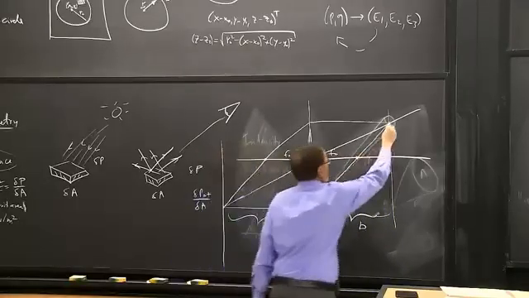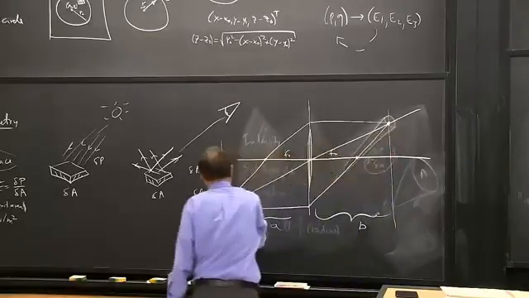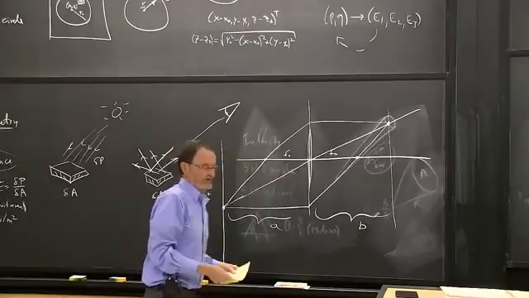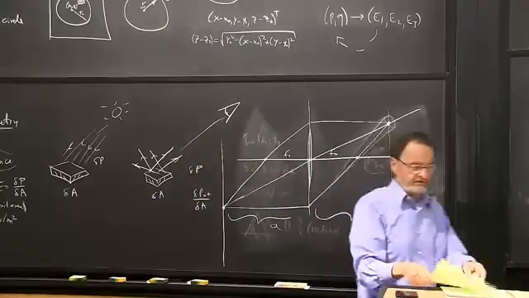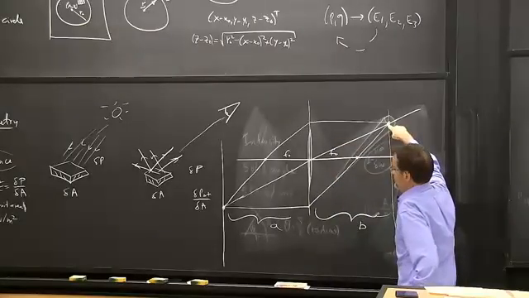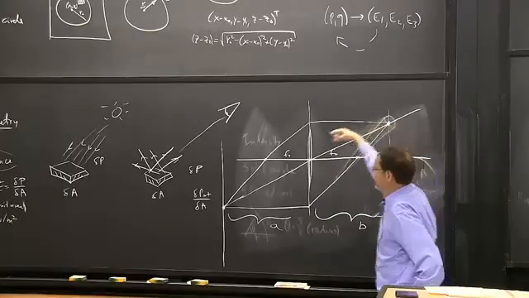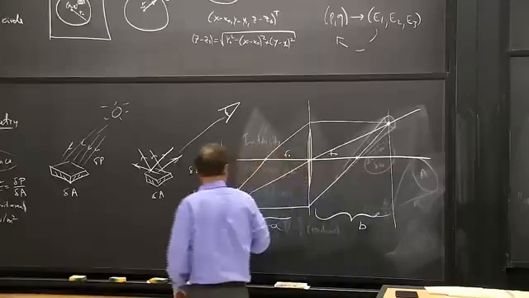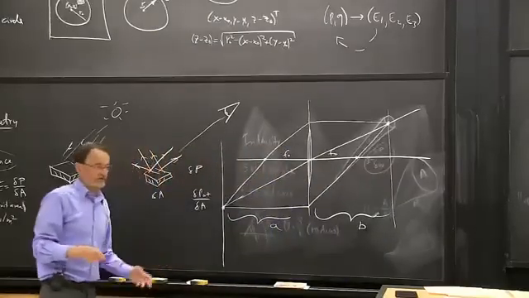And so what this lens does is kind of remarkable. Namely, it takes all of the rays that come from this point up here, and it magically brings them back together again over here. So that's the good news.